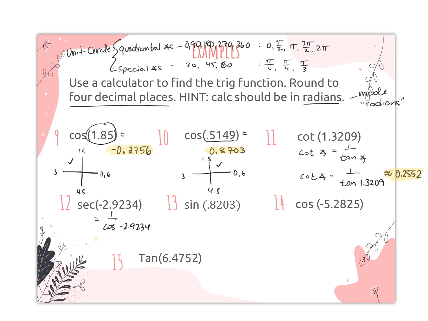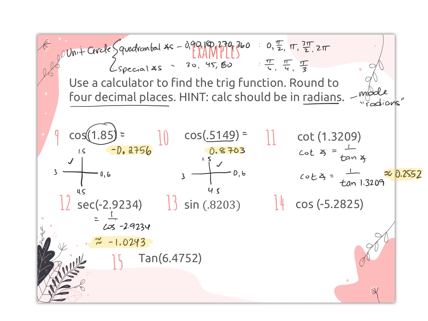I'm going to get that my secant is approximately negative 1.0243. Be careful, double check it. Type it in twice just to make sure you got the correct values, just to be safe.